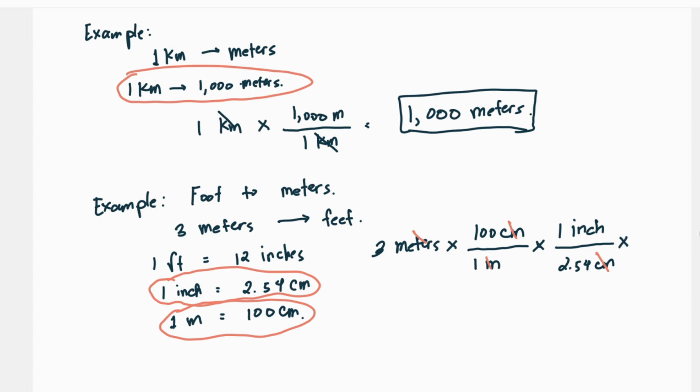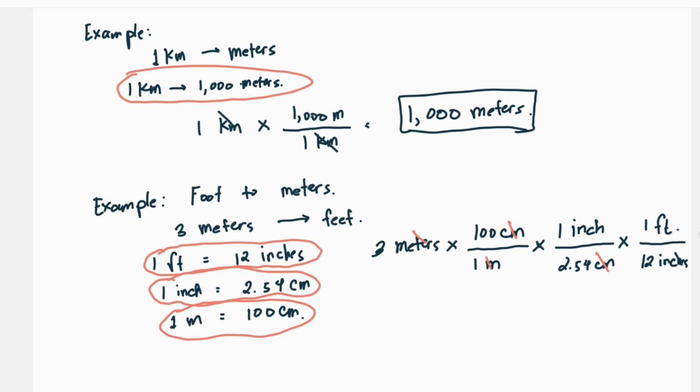But again, we haven't done our complete conversion yet because we haven't arrived at the feet unit. So what we're going to do now is apply the last conversion factor, in which 1 foot is equal to 12 inches. So I'm going to write this down in my last process, in which 1 foot is equivalent to 12 inches. So I'm going to write 12 inches here because I would need to cancel the inch unit, and this would become 1 foot.